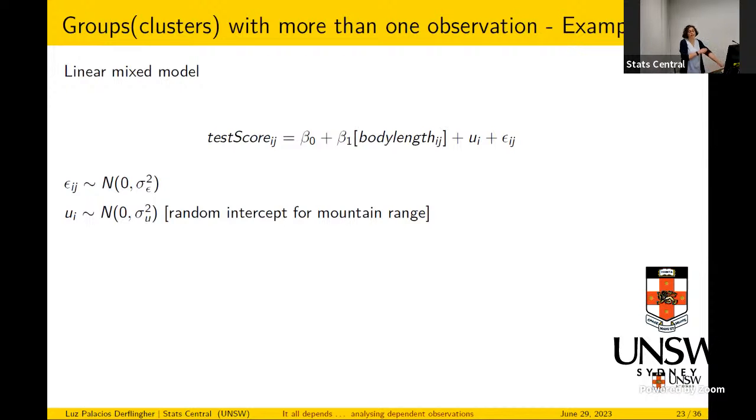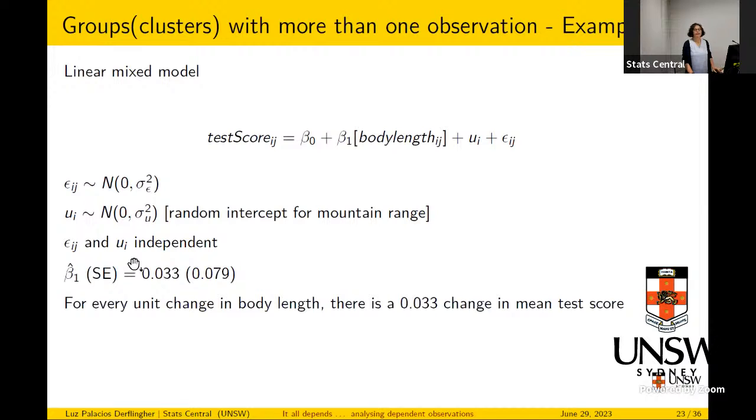Yeah, and we're really not interested in the relation between the mountain range and the outcome. It's just taking into account the variation. And we are assuming that the error that we had before, the epsilon, and the u_i are independent. If we run that, now we have our estimate of beta 0.033, 0.079, the standard error.